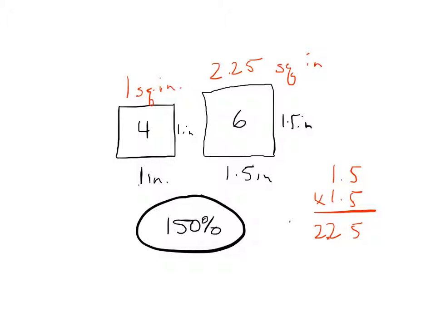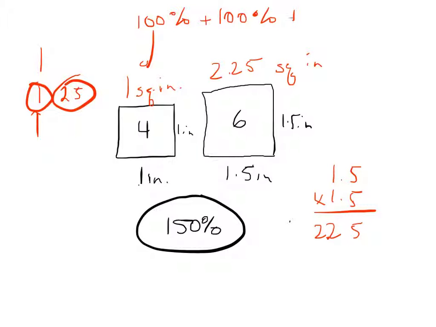So in this case, I've increased it. I've got my original size, so that's 100%. And then if I take my original 1 square inch and I've added another 1.25 square inches, so I've added another 100% for this 1.